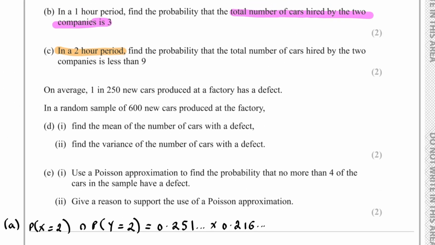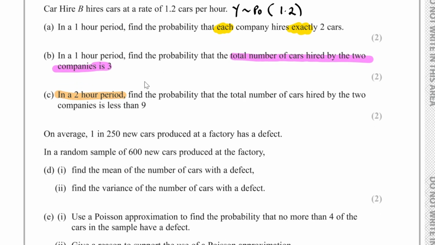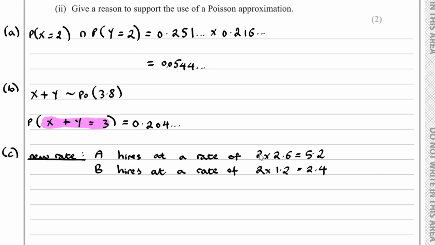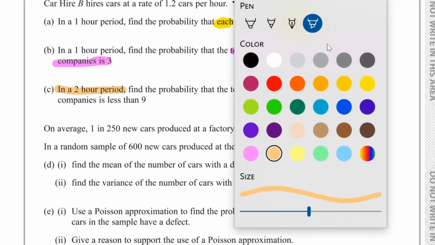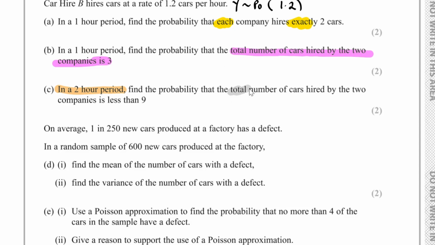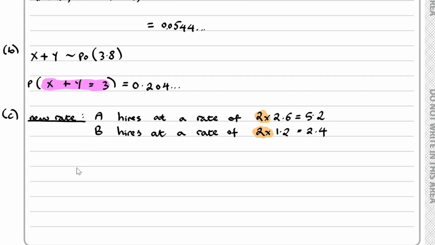The reason we multiply by 2 is because we were told we have 2.6 cars per hour, so in a 2 hour period we'd have to multiply by 2. The same thing with B. And we're looking at the total number, so we'll call this Z.